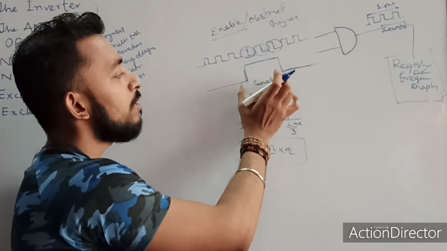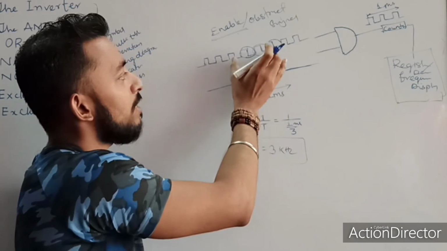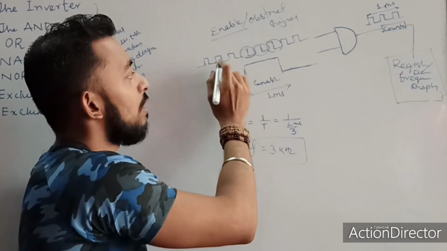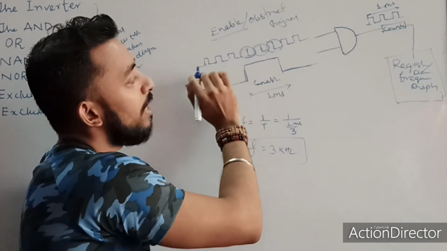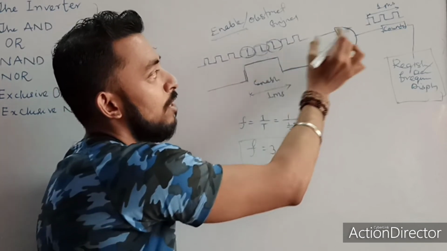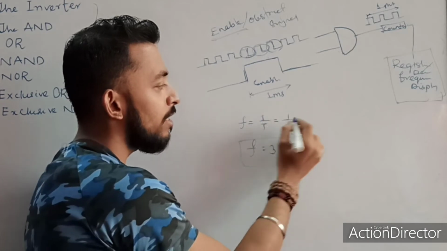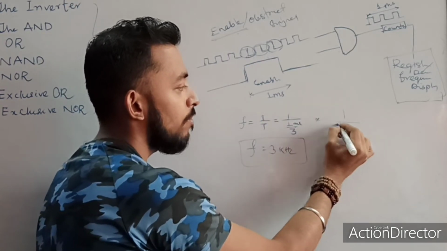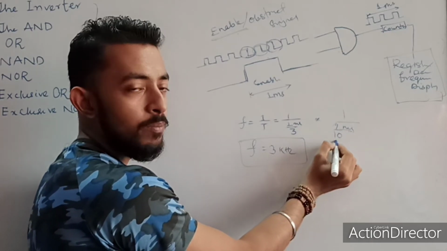Now instead of 3, let's take 10 pulses passing in this interval, where the step size is very small and the bit rate is very small, and 10 pulses are there in this signal. So here there will be 10 pulses. Then what will be my frequency? Frequency is 1 by t, which is 1 millisecond upon 10 pulses, meaning in 1 millisecond 10 pulses are passing.